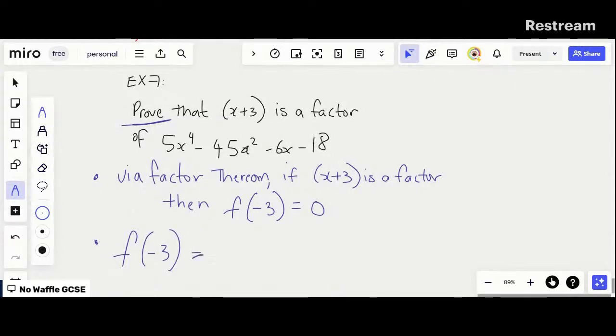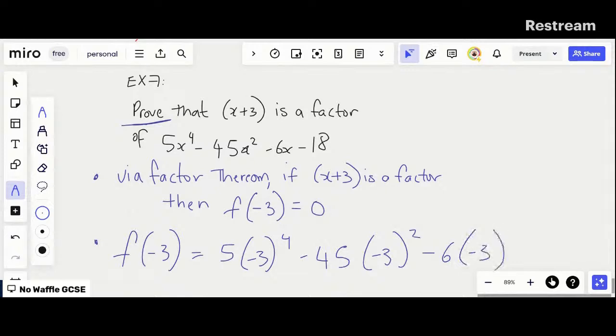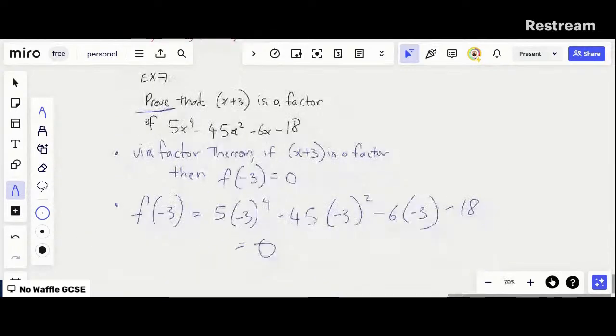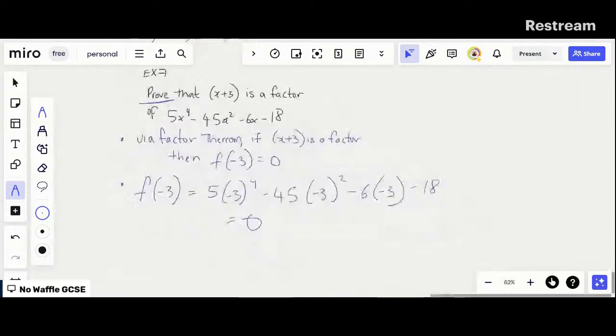And you can't just put equals 0. You've got to show that you've subbed it in. So you've got to put f of minus 3 equals minus 3 to the power 4 plus 5 times minus 3 cubed plus 45 times minus 3 squared minus 6 times minus 3, etc., to minus 18, and you work out it actually does give you 0, and you then say, hence, x plus 3 is a factor.